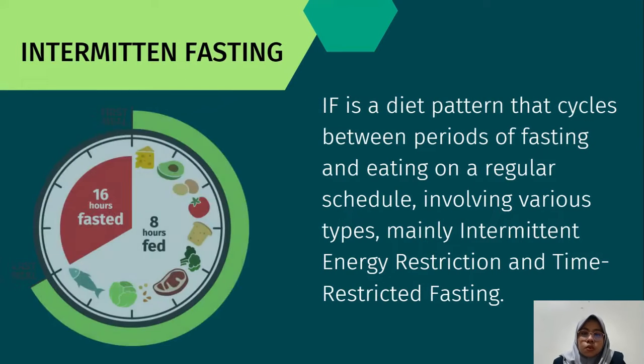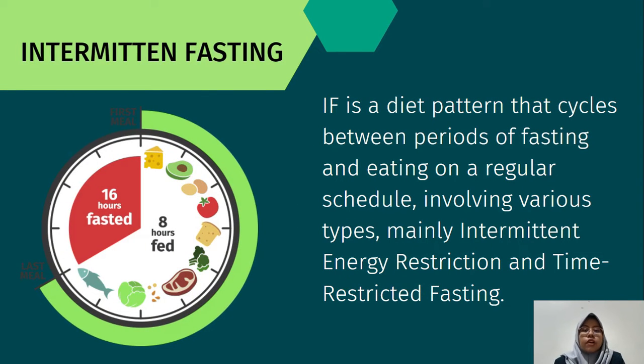Next, we will talk about intermittent fasting in general. Intermittent fasting is a diet pattern that cycles between periods of fasting and eating on a regular schedule, involving various types, mainly intermittent energy restriction and time-restricted fasting.